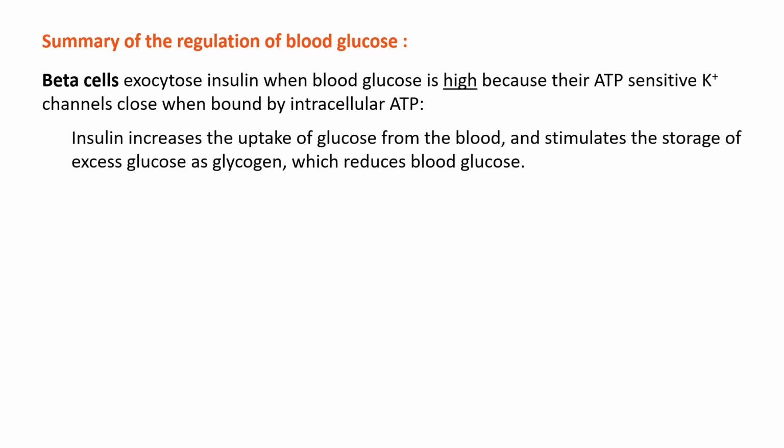Insulin increases the uptake of glucose from the blood. It sticks loads of GLUTs into the plasma membranes, so all these little cells throughout the body increase their expression of GLUTs. They're more likely to take the glucose out of the blood, which reduces blood sugar. Insulin also, any glucose that's left over in the blood, it will stimulate its storage as glycogen. Both of these effects will reduce blood glucose.